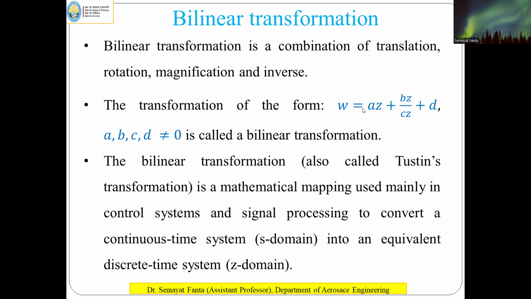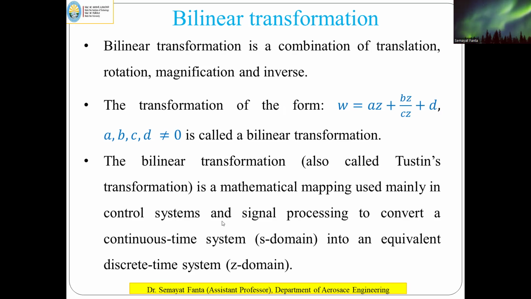Okay, for example, we can see AZ. This is just magnification. BZ over CZ is another transformation. Plus D is a translational transformation, so that for which A, B, C, D are different from zero are called bilinear transformation.